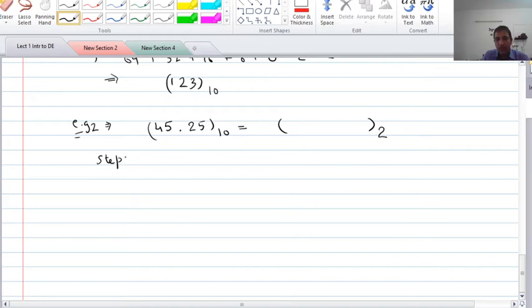In step 1, first we have to convert this value. The method will remain the same, again continuous division by 2, writing the remainder here.